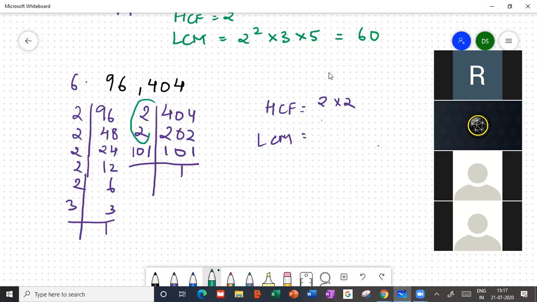So you just look for the common factors in both. And LCM is nothing but the highest power of 2 among both the factorizations of 404 and 96. It will be 1, 2, 3, 4, 5, 2 to the power 5. So it's going to be nothing but 2 to the power 5 into 101.